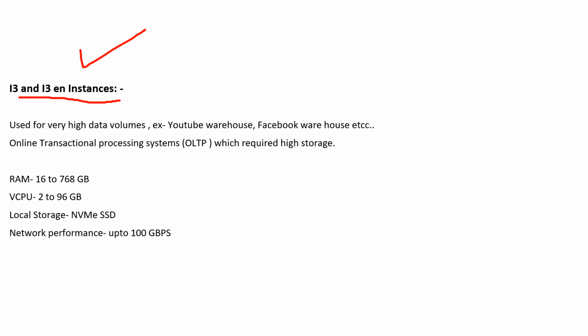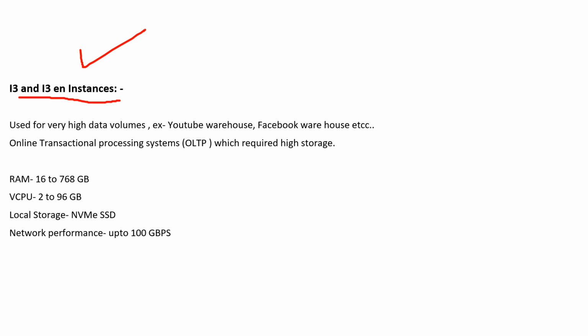So i3 instances are used for very high data volumes, for example YouTube warehouse, Facebook warehouse, Twitter warehouse, and these instances are generally used for online transactional processing systems, which is also known as OLTP, which requires very high storage.